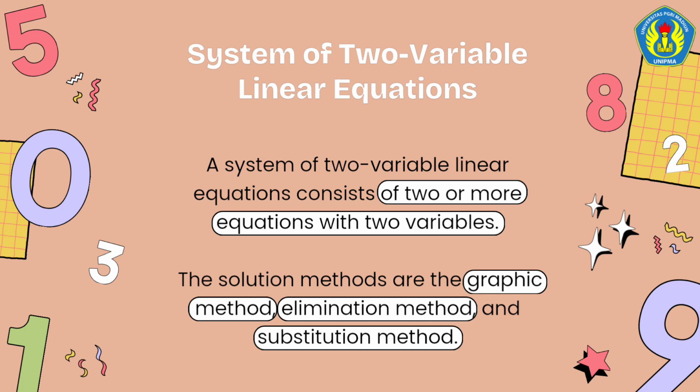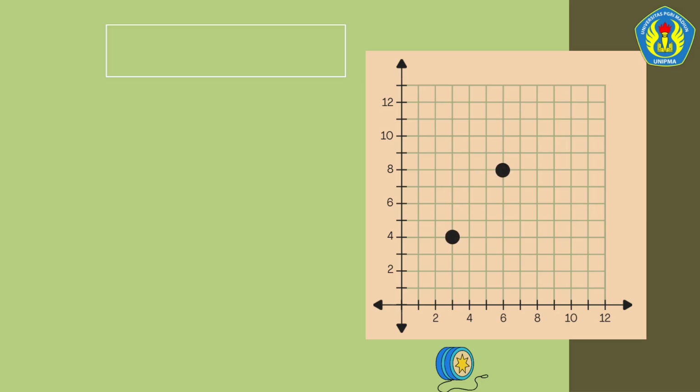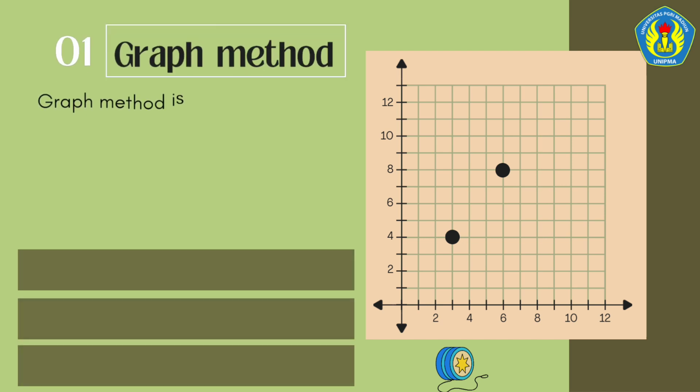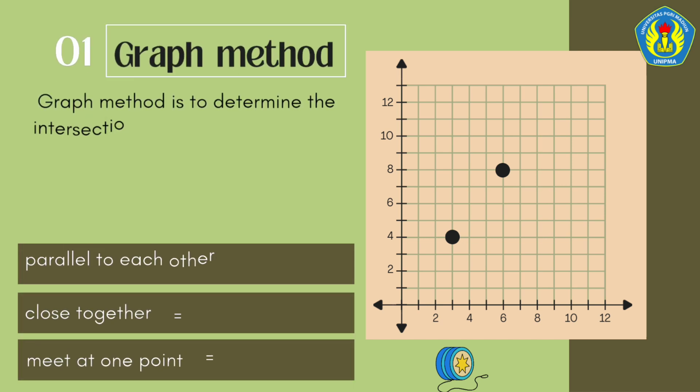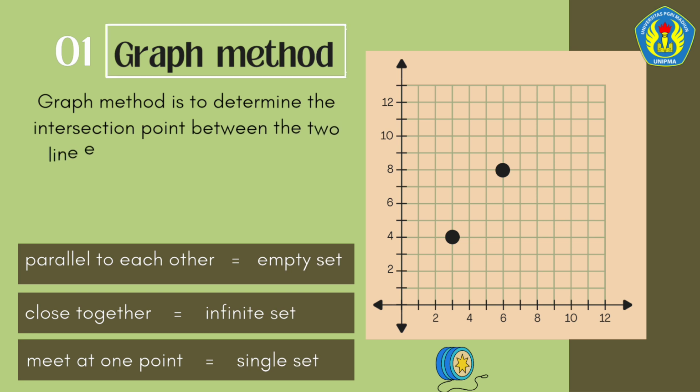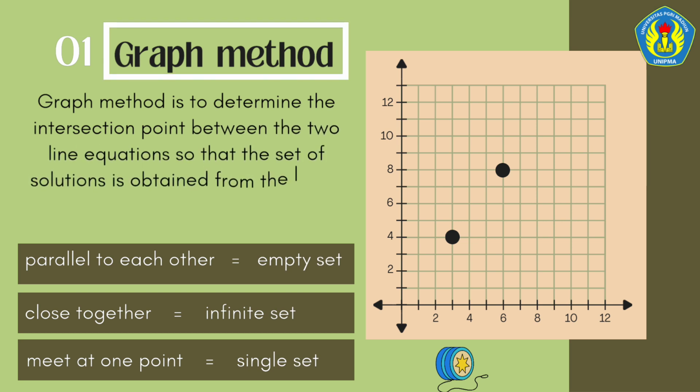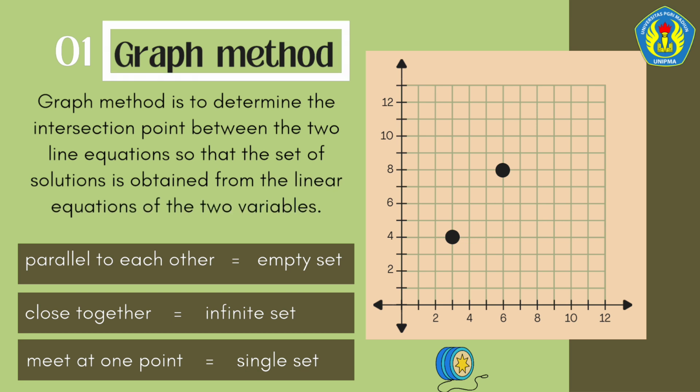Let's discuss them one by one. First, the graph method. The solution of the two-variable equations using the graph method is to determine the intersection point between the two line equations, so that the solution set is obtained from the linear equations of the two variables.